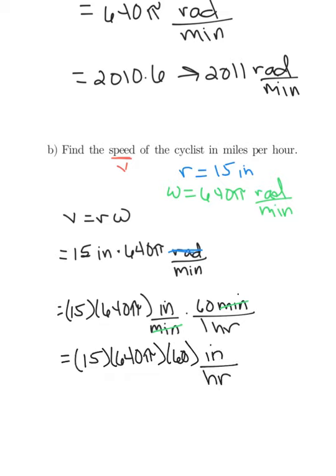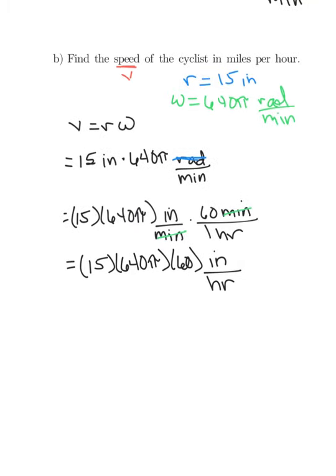I'm not going to write the divided by 1 because that doesn't have any effect. Just for space purposes, I'm going to go ahead and multiply what we have at this point. Our number is big. It is 576,000 pi, and we have inches per hour.